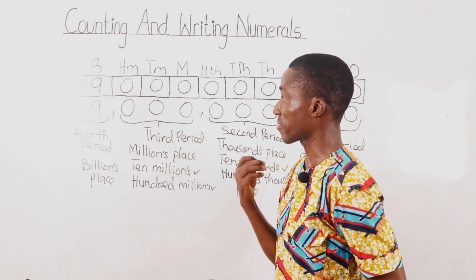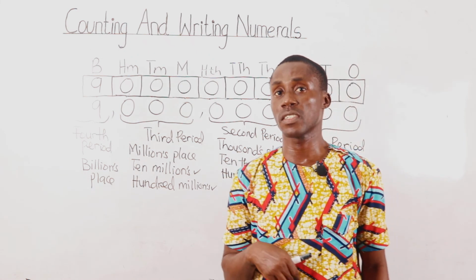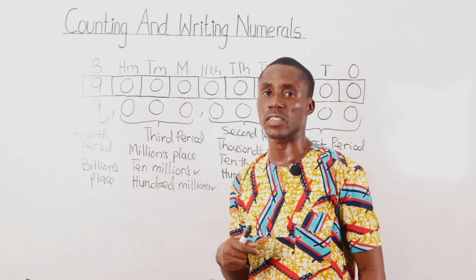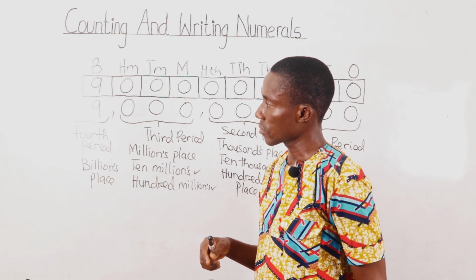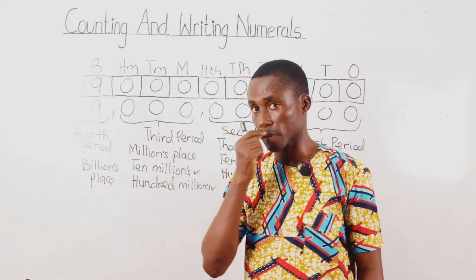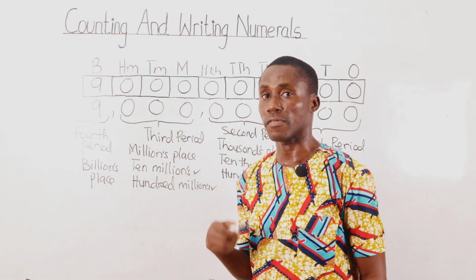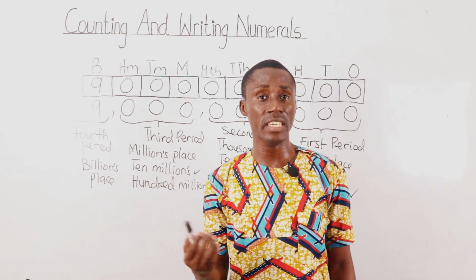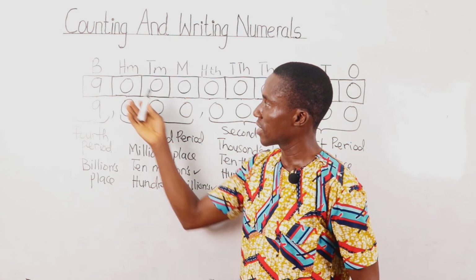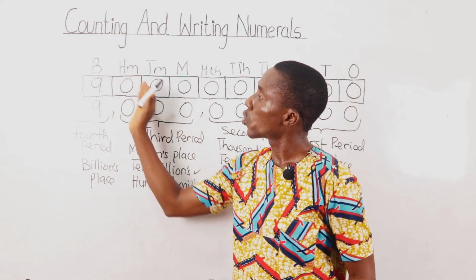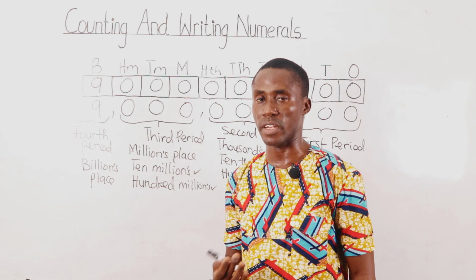Well, it could have also contained the 10 billions place and the 100 billions place, if we had continued with the next number place and the next number place.